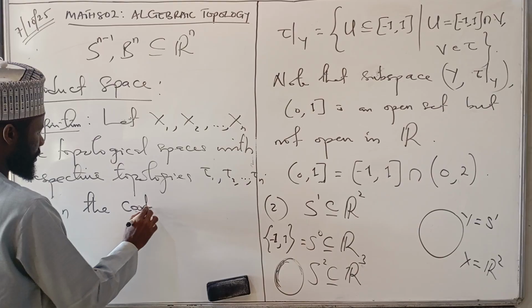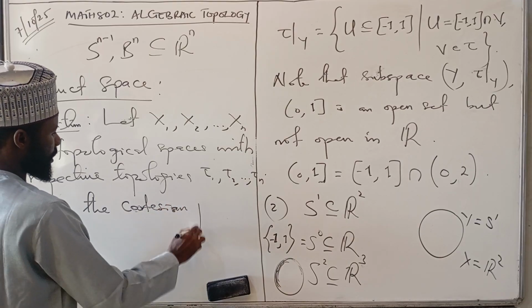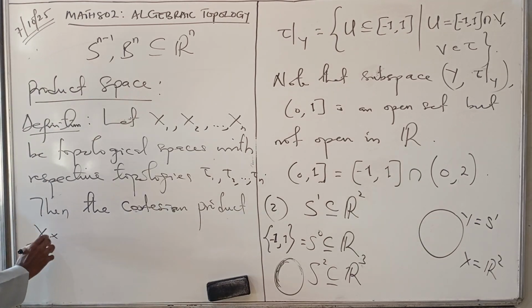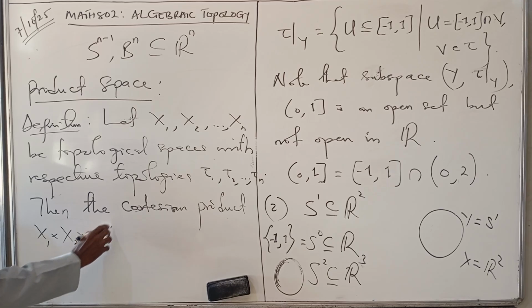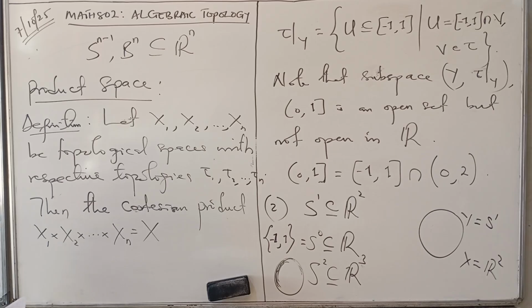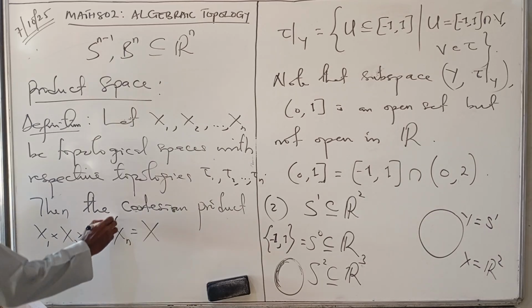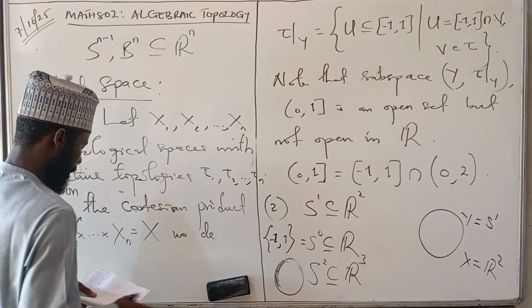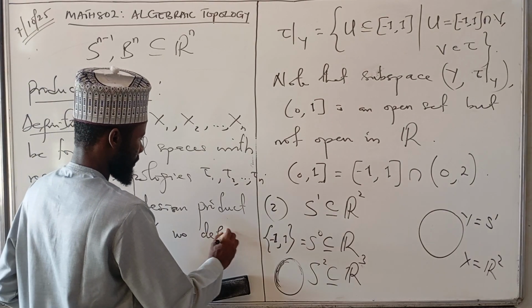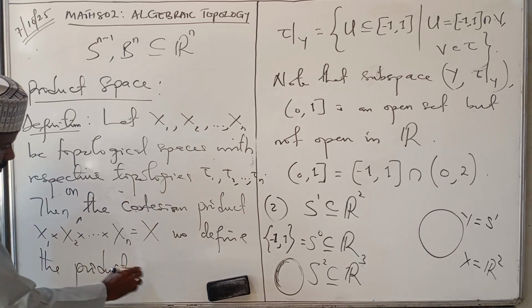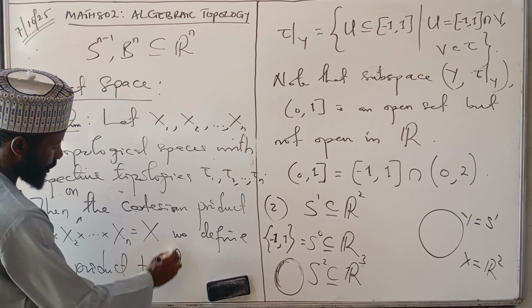So the Cartesian product, x1 cross x2 up to xn, which I can write as X. So on the Cartesian product, we define a topology called product topology.